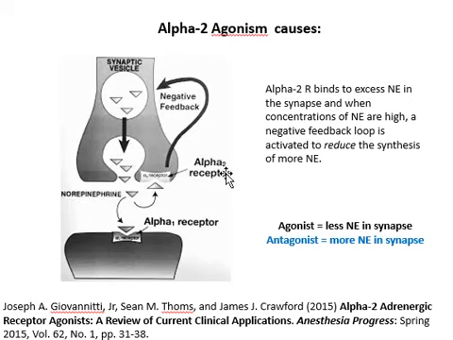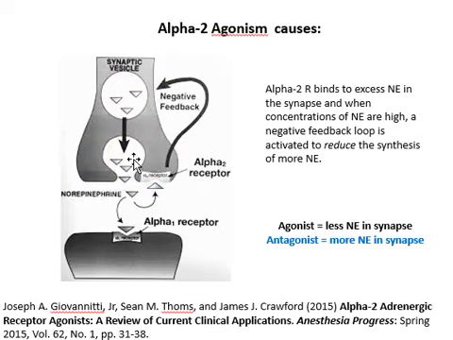And so when you supply an agonist, okay, there's going to be less norepinephrine in the synapse because of the negative inhibitory feedback. And when you supply an antagonist, there's going to be more norepinephrine in the synapse.